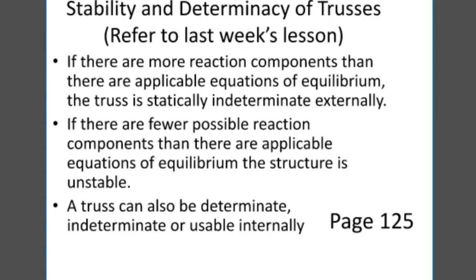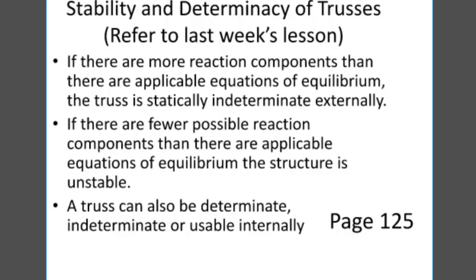Now let's look at the stability and determinacy of trusses. And you can refer to last week's lesson for a little bit more information. This here is on page 125. We find that if there are more reaction components than there are applicable equations of equilibrium, the truss is statically indeterminate externally.